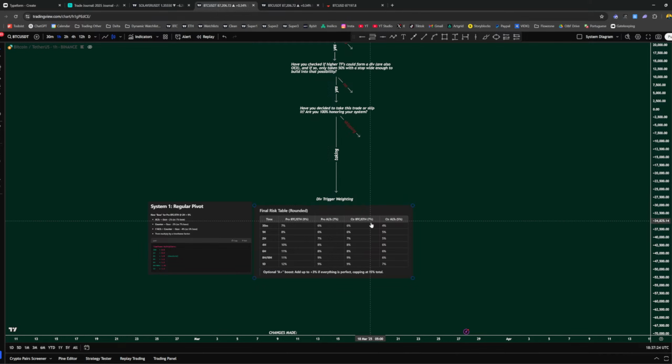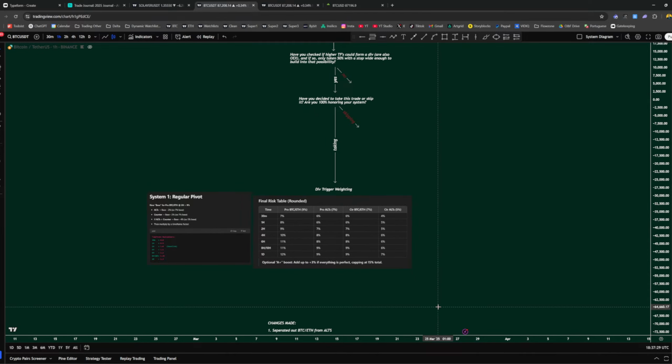So what I'm working on at the moment, and don't look at this in too much detail, is how much risk I want to assign to any type of position, right? So you've got the pro trend BTC or ETH, you've got pro trend alts, you've got counter BTC or ETH, or counter trend alts.